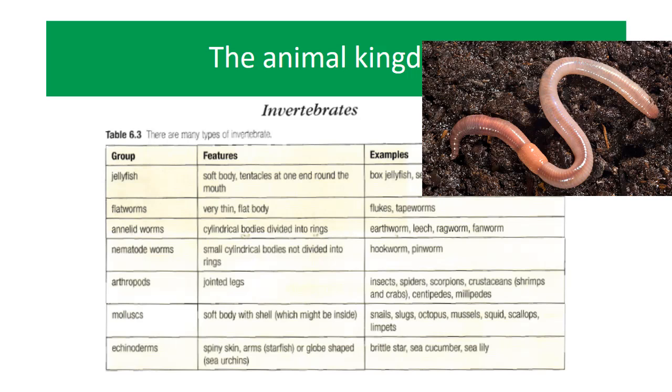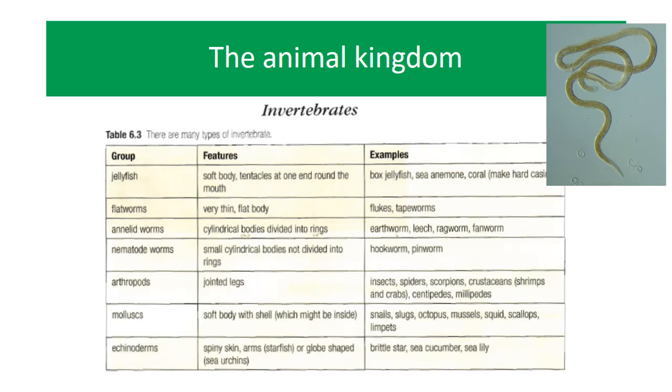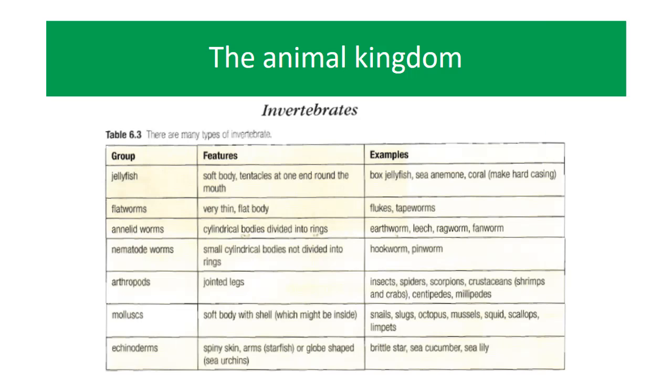Earthworms and leeches are examples of these annelid worms. The next one is nematode worms, but those don't have rings on their body. You can see that the examples are hookworm and pinworm.